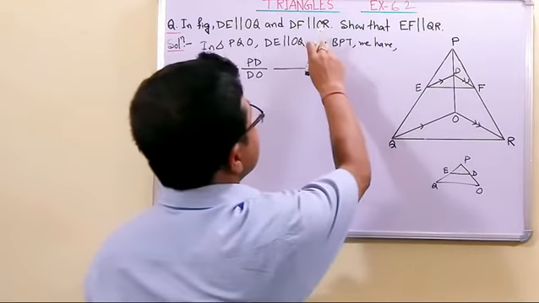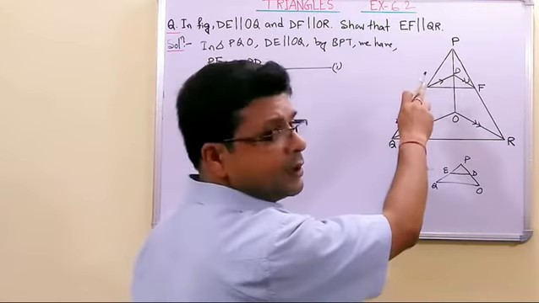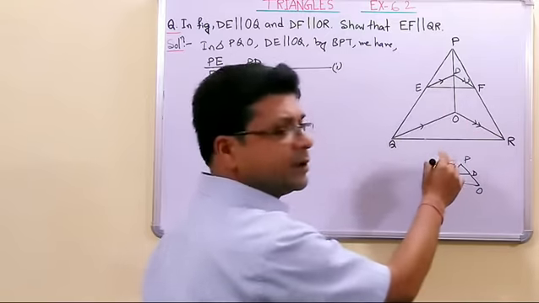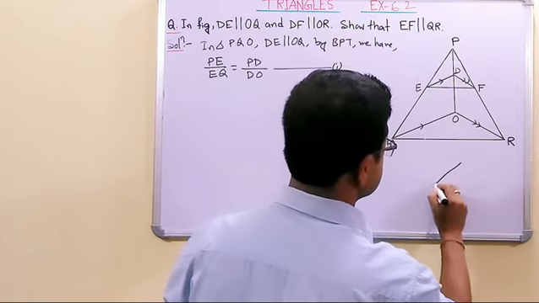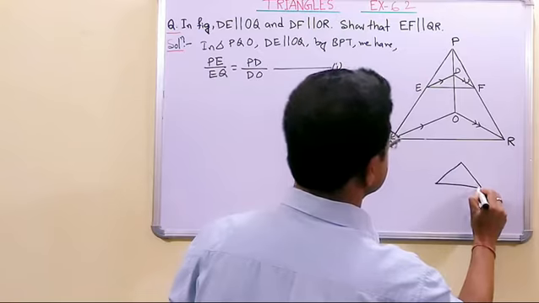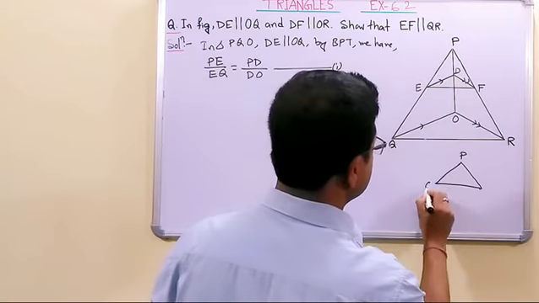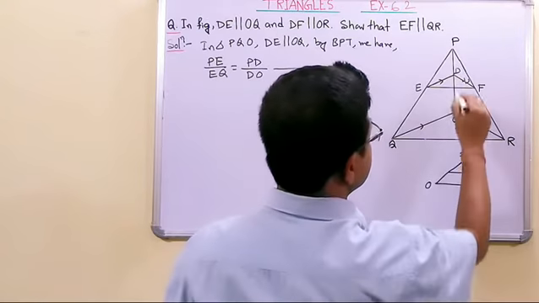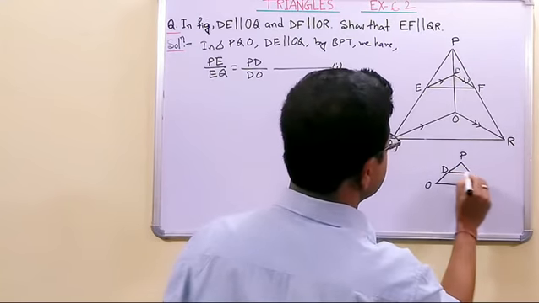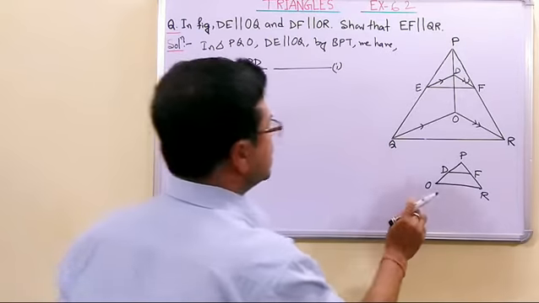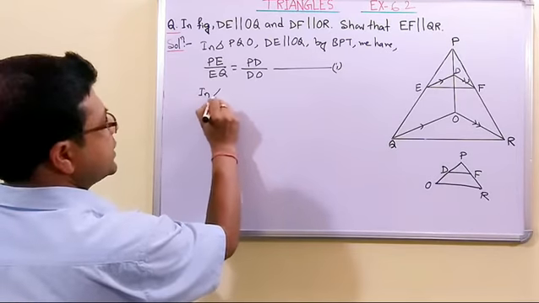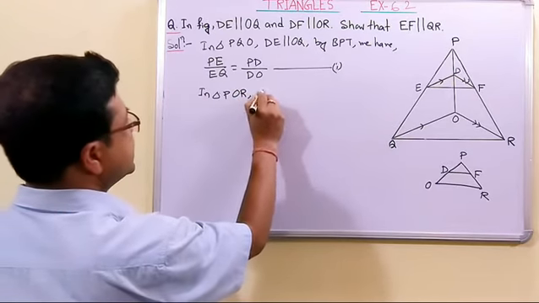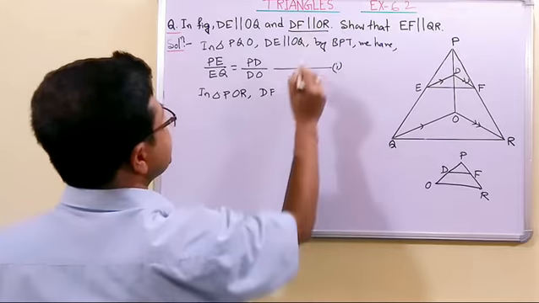Now DF is parallel to OR. This is in which triangle? DF is parallel to OR. This is in triangle POR. So let us draw the triangle POR. So this is D and this is F. Okay. So in triangle POR, DF is parallel to OR, this one we are using now.